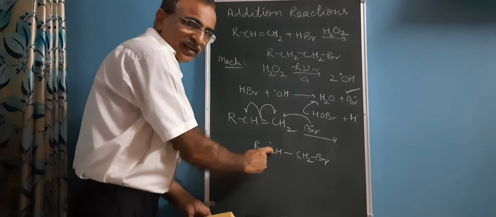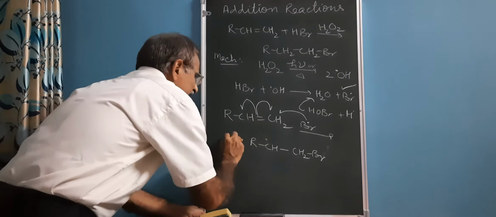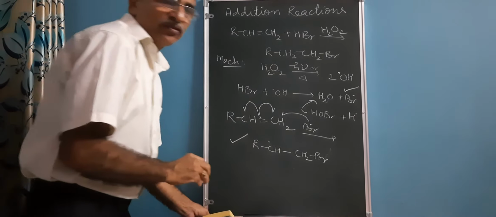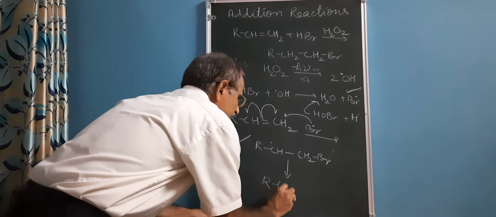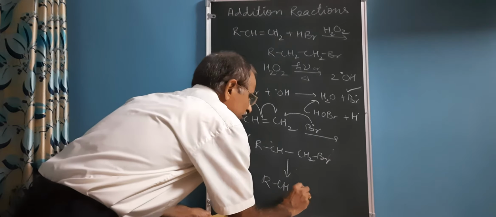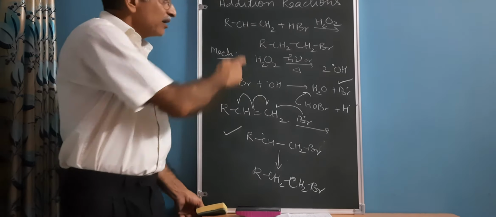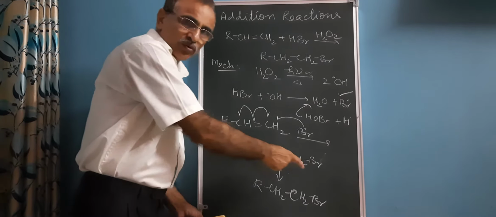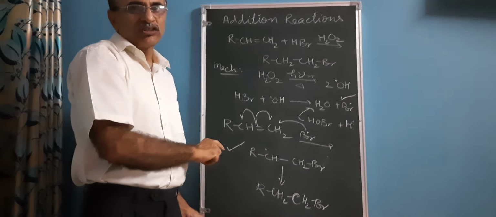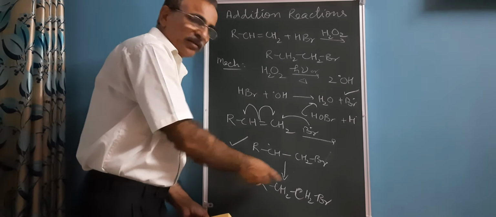Since secondary free radicals are more stable as compared to primary free radical, therefore this free radical is formed, which leads to formation of RCH2CH2Br. This is why in presence of peroxide, reaction takes place opposite to Markovnikov rule. This is called Kharasch peroxide effect or anti-Markovnikov.